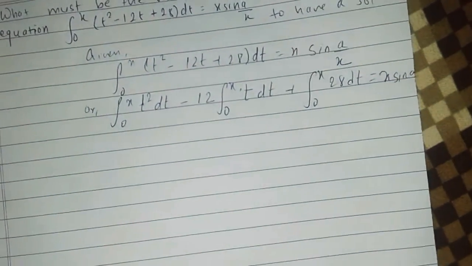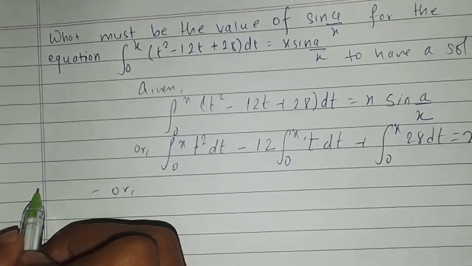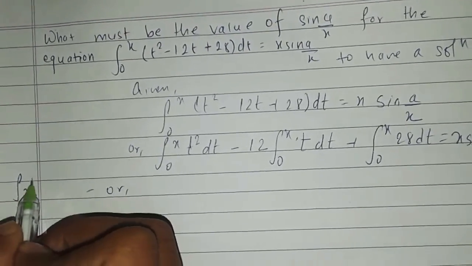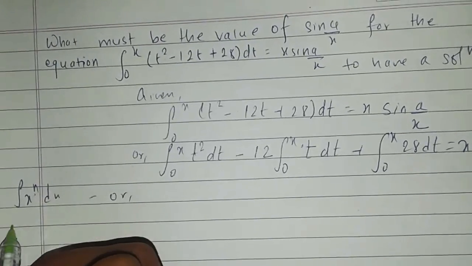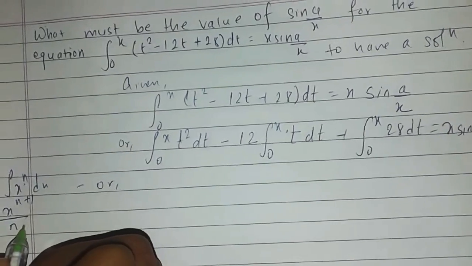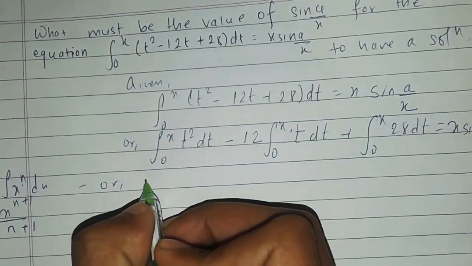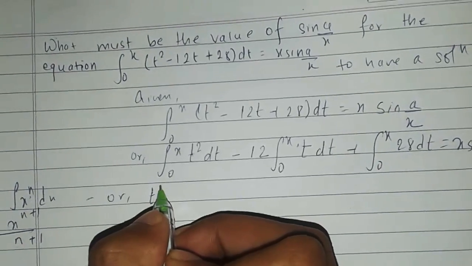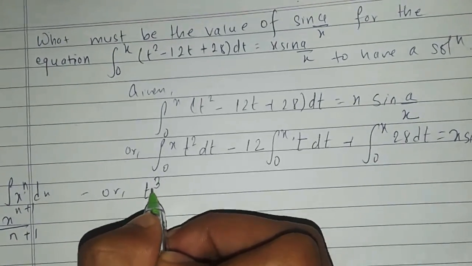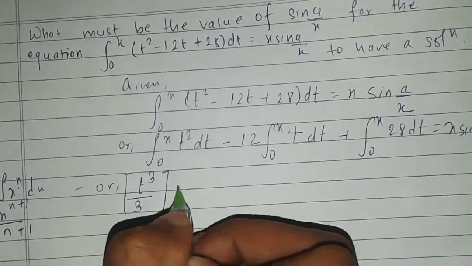Now let us integrate. For this, we should know that the integration of x power n dx is equal to x power n plus 1 by n plus 1. So do it like this. Integration of t square will be t power 2 plus 1, which is 3, by 3, from 0 to x.